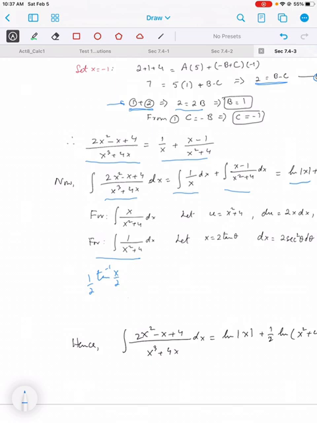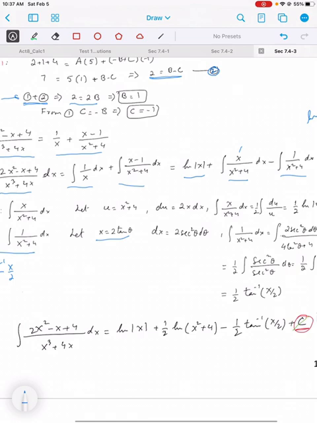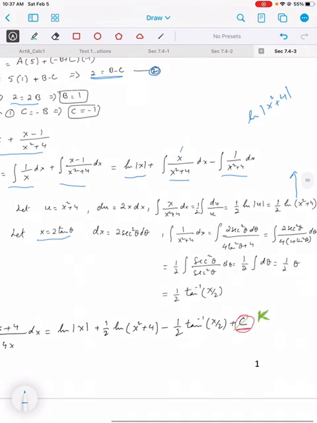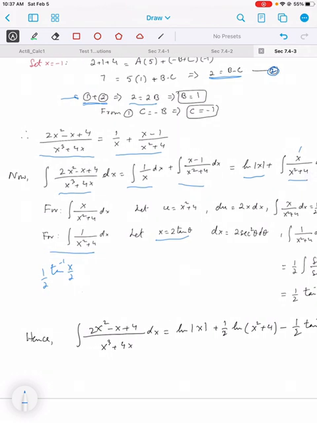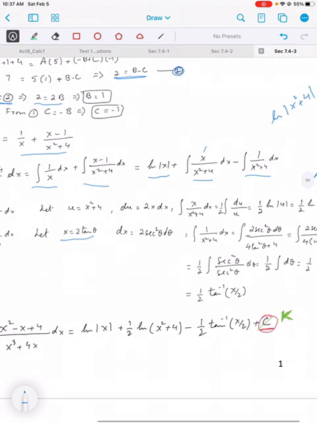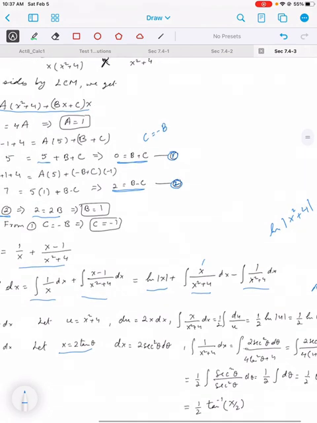Otherwise, you can use this substitution: x is equal to 2 tangent theta, and then go over, and then you end up getting this. So then we can now write that our given integral is equal to ln of absolute value of x plus 1/2 ln of x squared plus 4 minus 1/2 tangent inverse of x over 2 plus k. Why k? Again, because c was used in the coefficient, so don't put c here.